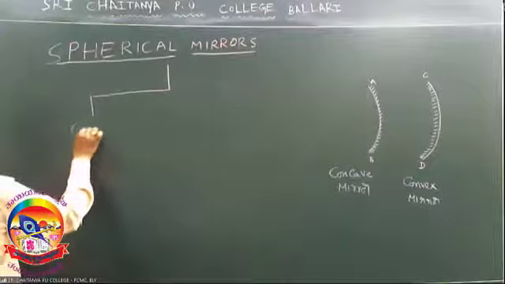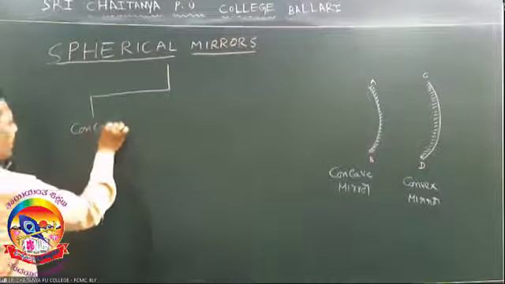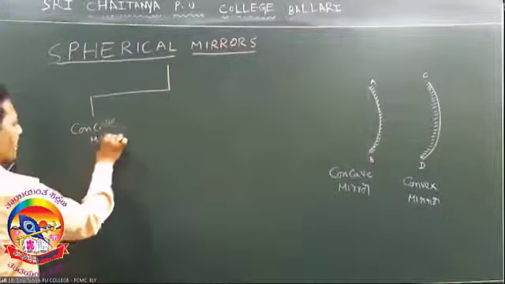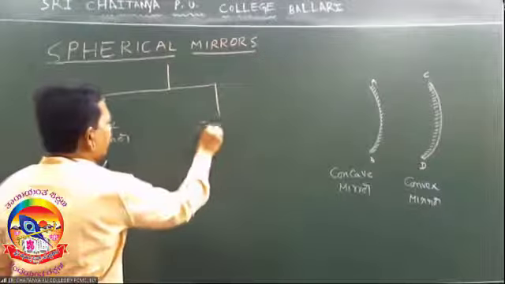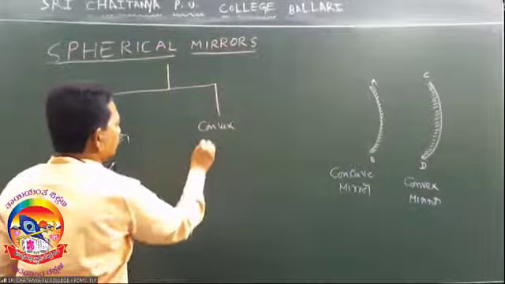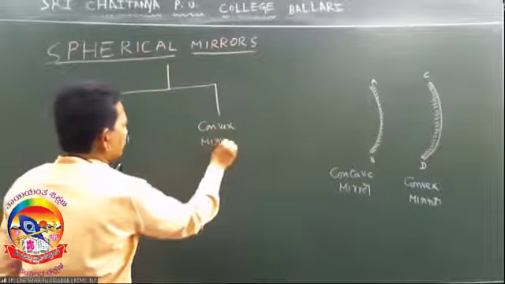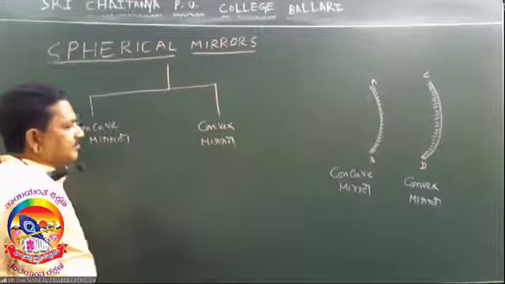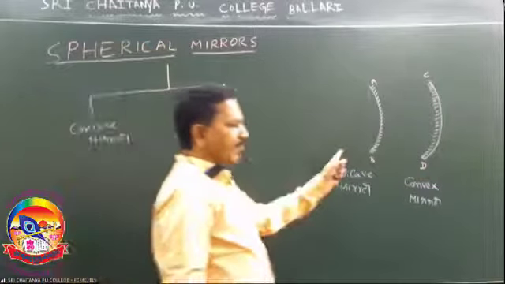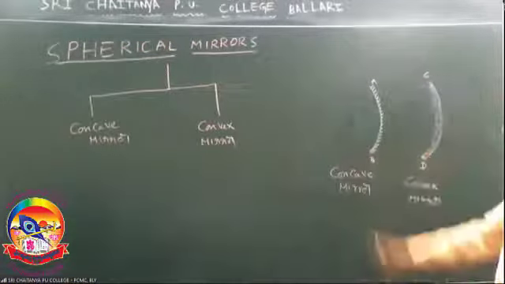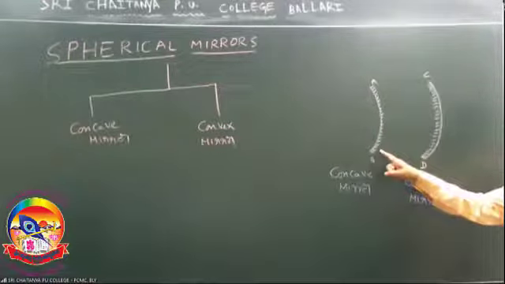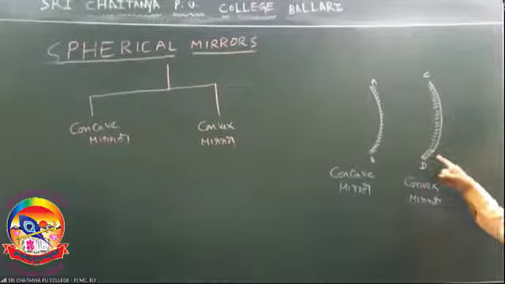One is called the concave mirror. The other is the convex mirror. This is the diagrammatic part: this is the concave mirror and this one is the convex mirror.